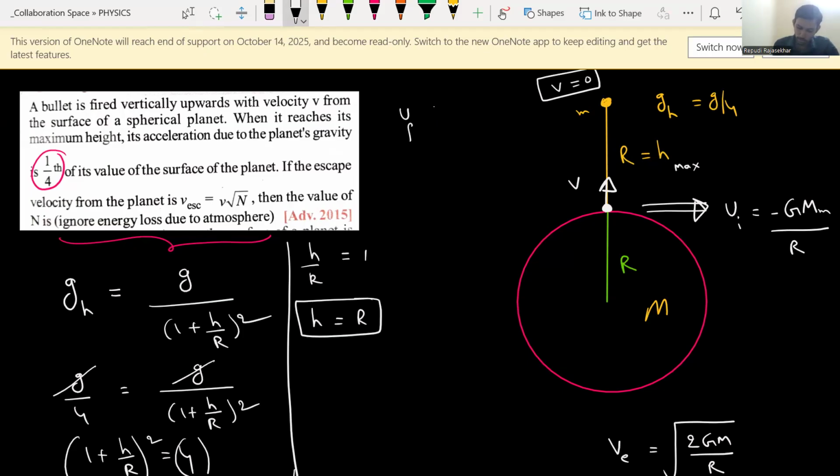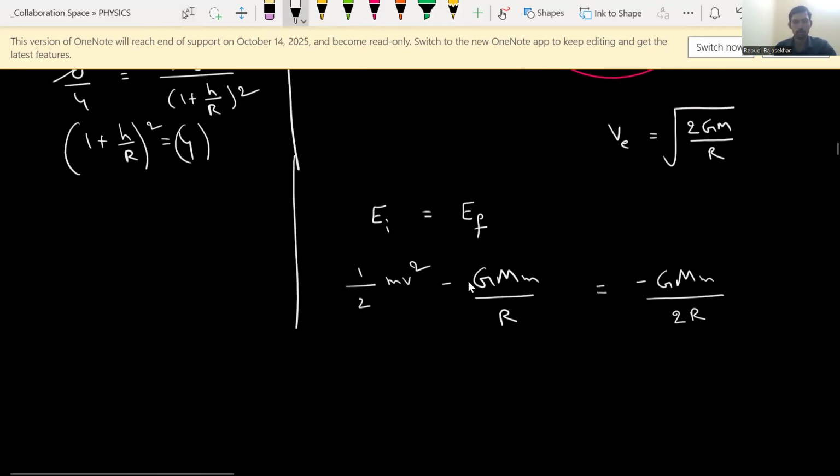What is the final potential energy? That is again G into mass of the planet into mass of the particle divided by the total distance from here to here. What is the total distance finally? R plus R, so its value is 2R. That's why I have taken 2R for the final potential energy. The distance is 2R.